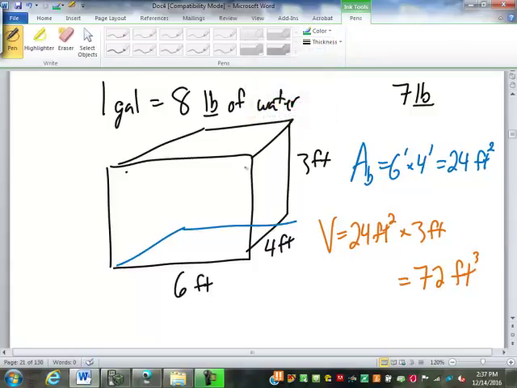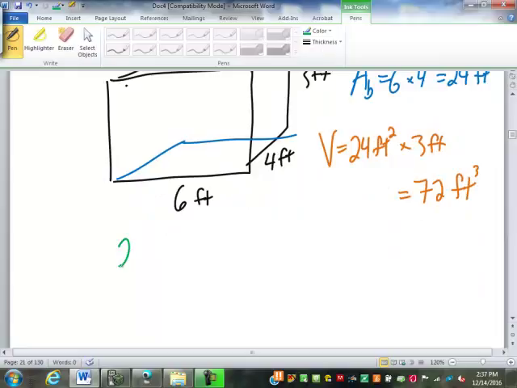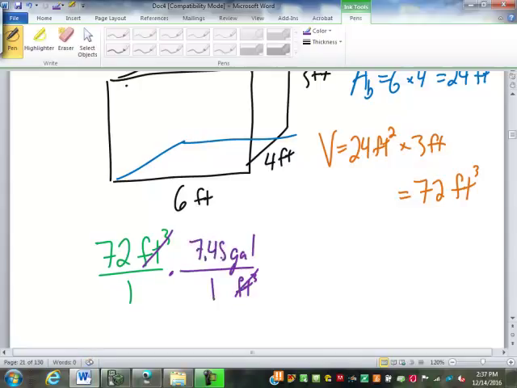To convert that into gallons, I'm going to have to go to our conversion factors here. 72 cubic feet over 1. We're going to put cubic feet on bottom so that it cancels out, gallons on top. 1 cubic foot is 7.48 gallons.